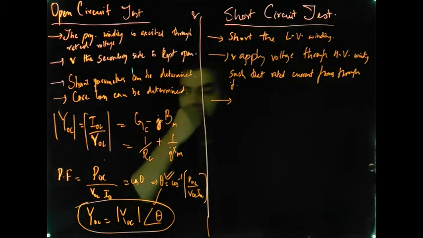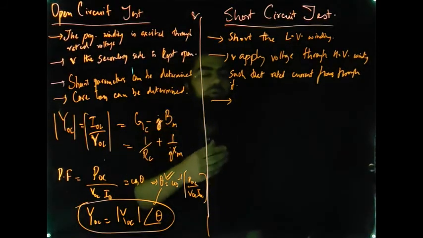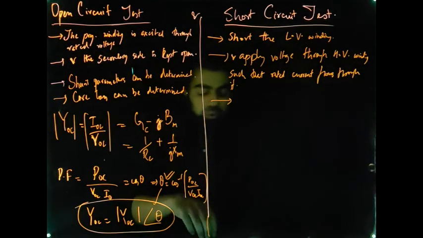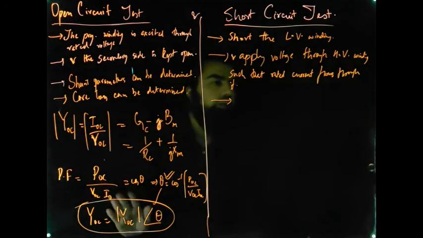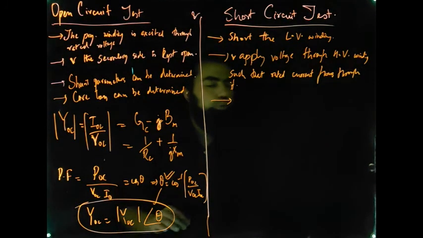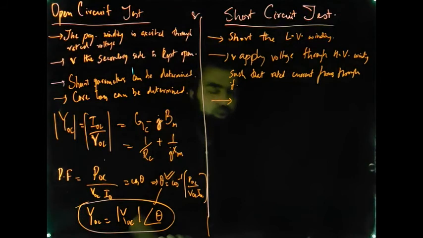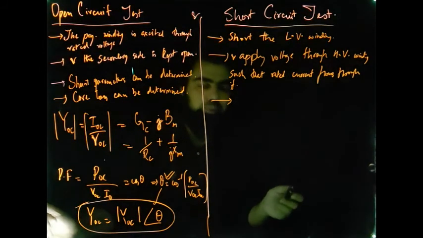And since the resistance is very high for RC and XM, the current flowing through RC and XM will be negligible, almost approximately zero. So we can actually neglect the shunt branch in this case.